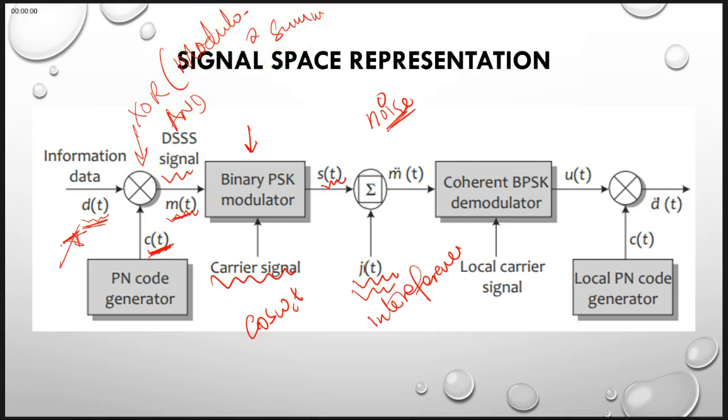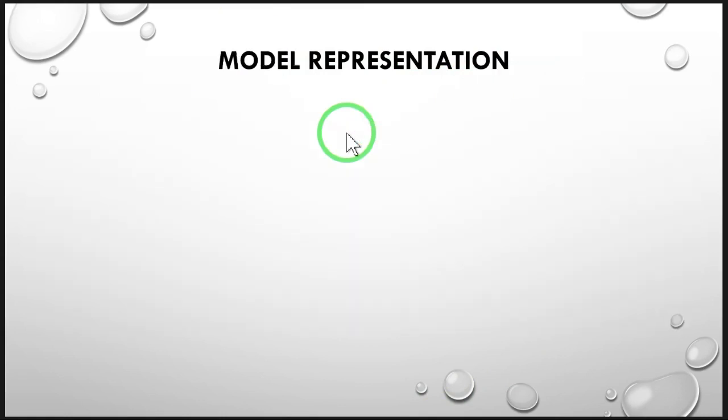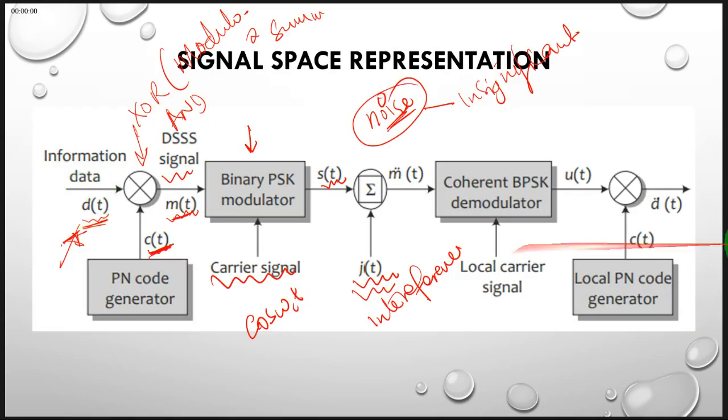In this channel, noise is considered insignificant. So now we want to see the model representation of this information and mathematically show how we are able to transmit our message signal dt and recover dt on the other side, even though it has passed through an interferer jt. What happens?